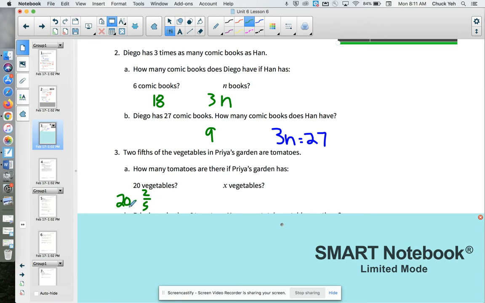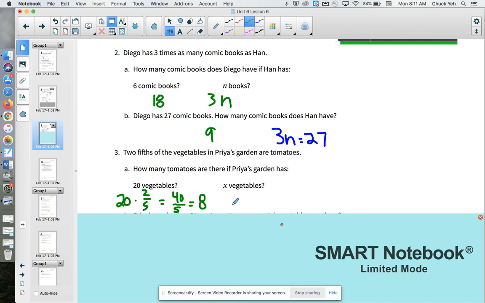So then that would be 20 over 1, right? So 20 times 2 is 40. And then what's 1 times 5? 5. And then we can change this into a whole number. 40 divided by 5 is 8. So that's how we would do that.